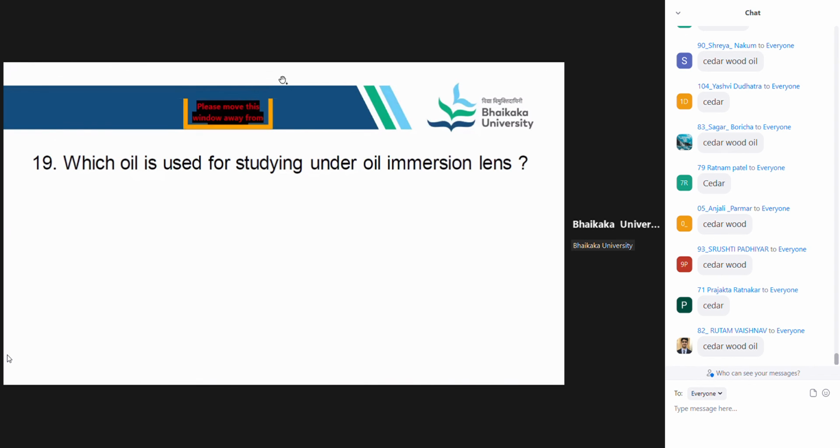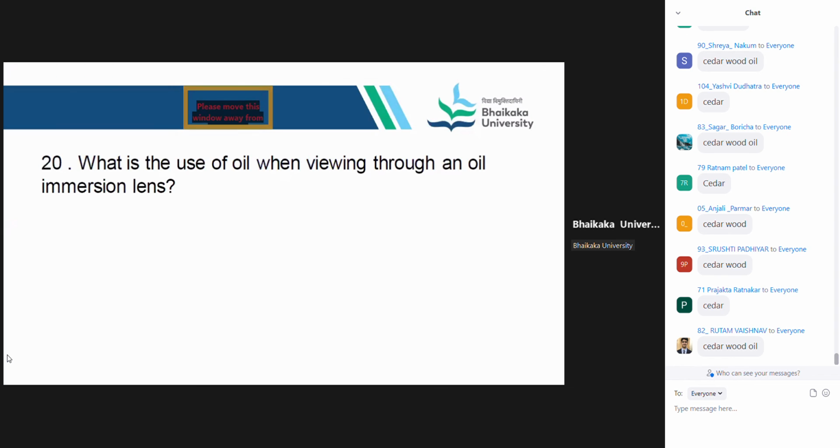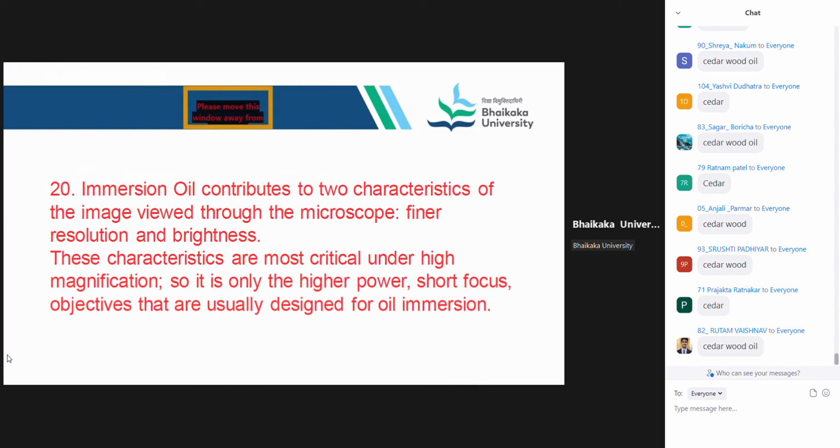The last question: what is the use of oil when viewing through an oil immersion lens? Why do you need to put a drop of oil on the object? So here is the answer. Immersion oil contributes to two characteristics of the image viewed through the microscope.